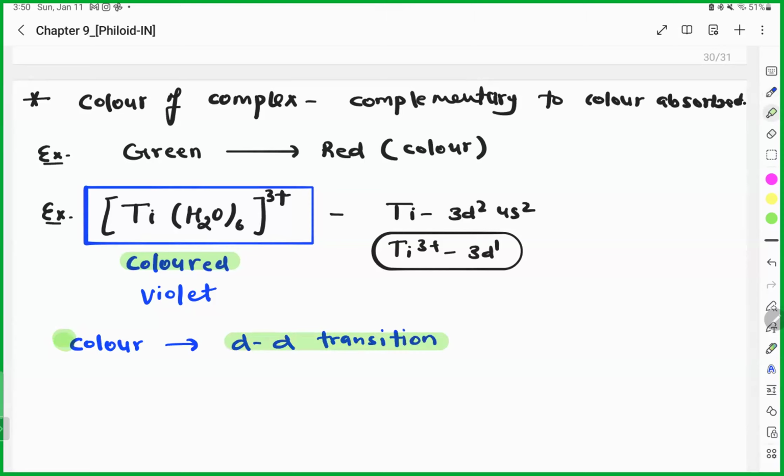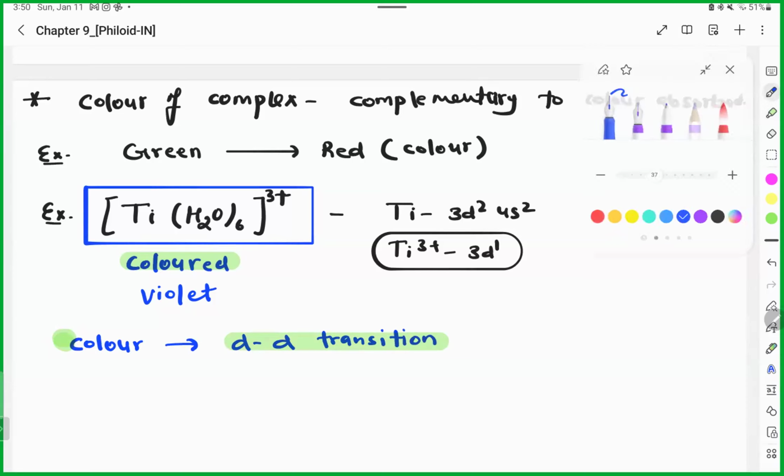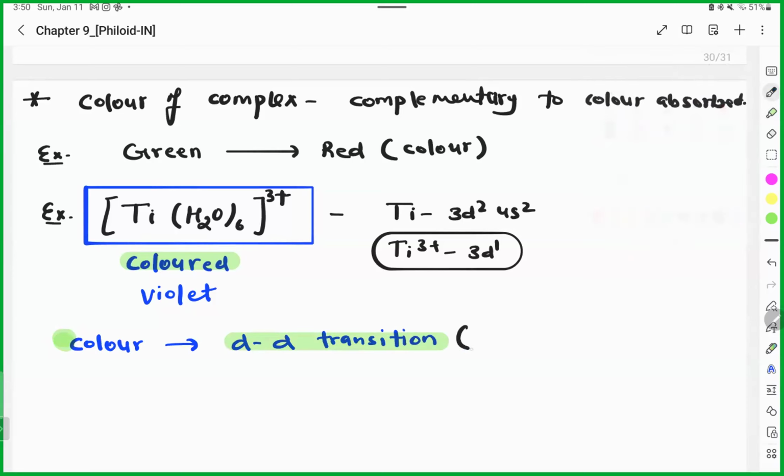Understood? And how is that possible? Due to the presence of light. That's why in crystal field theory we discuss how ligand presence is impacting the nature and energy. Correct? Which energy will be produced? What will be the wavelength of the color? This will be decided by the crystal field theory.